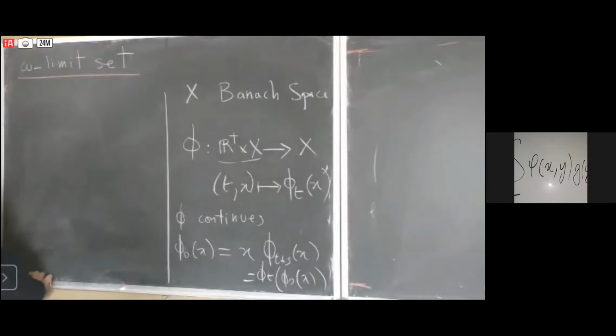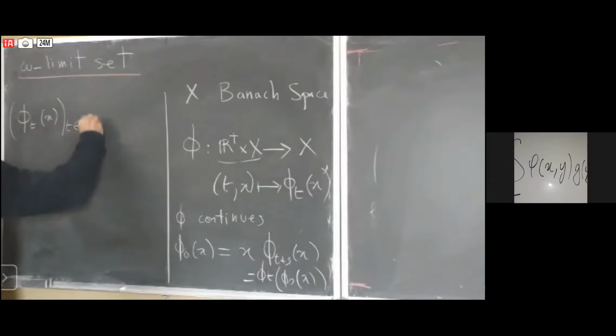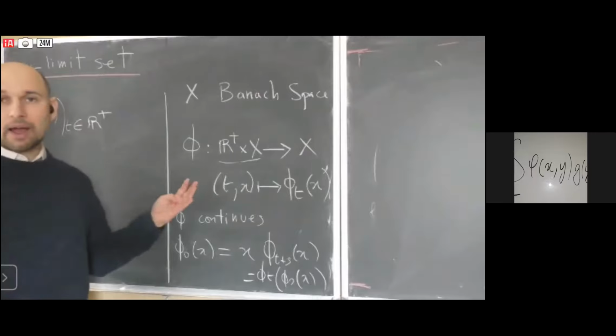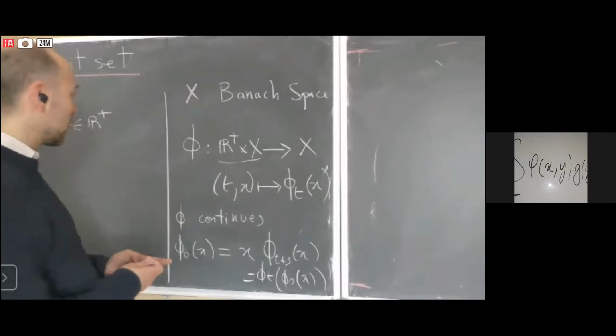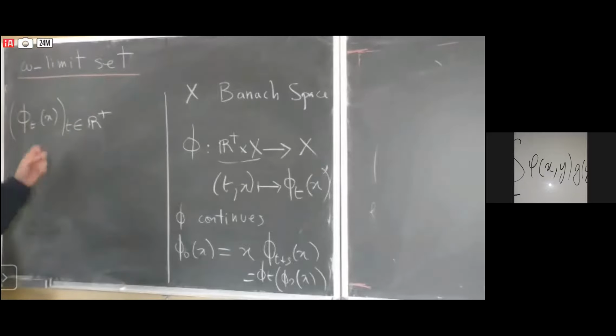When I define that, phi t of x for t in R plus is the trajectory associated with my equation and with an initial condition x.